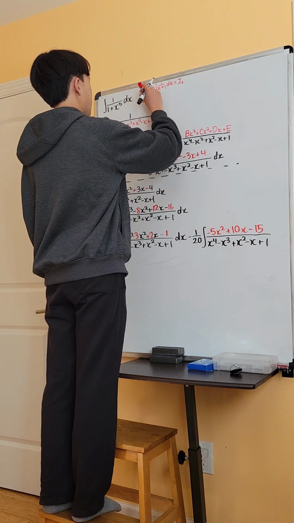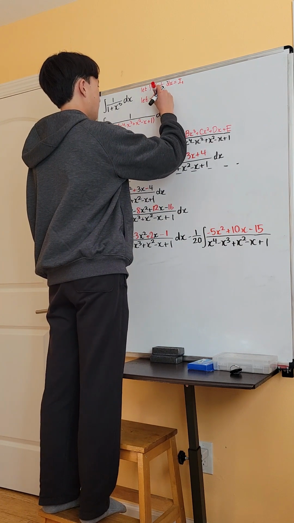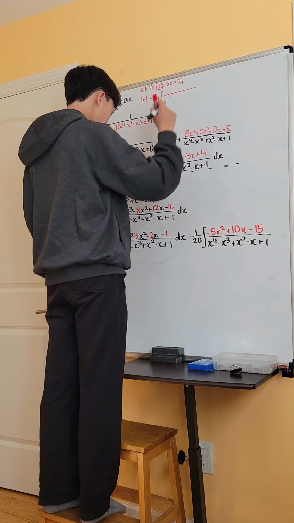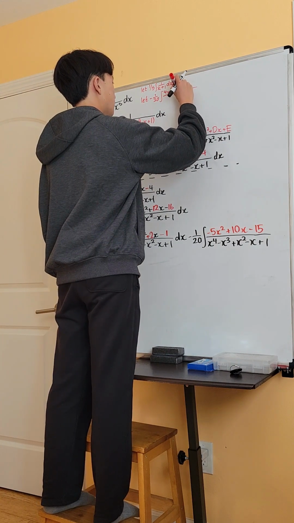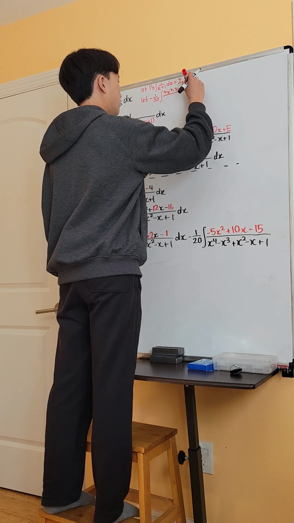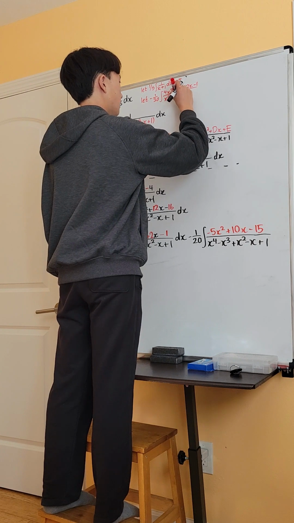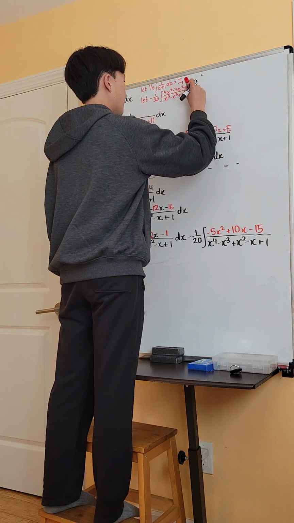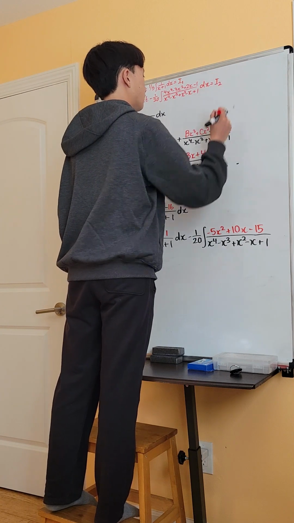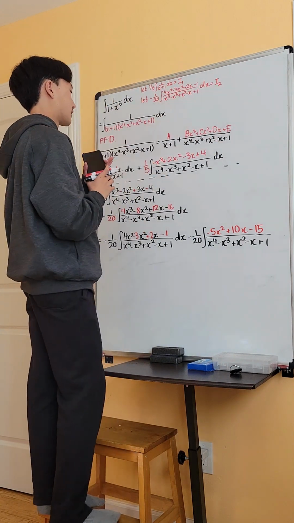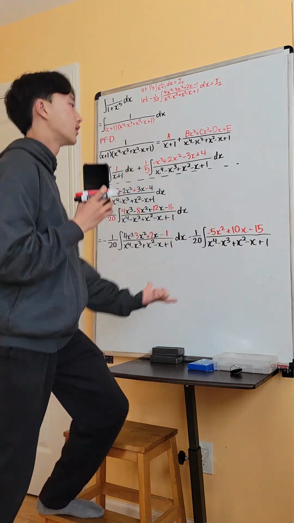We can let the coefficient, this is just negative 1 over 20 times the integral of 4x cubed minus 3x squared plus 2x minus 1 over x to the 4th minus x cubed plus x squared minus x plus 1 dx equal to I2. All right, and at the end, we're going to add all these up since all we're doing is just taking off terms and dealing with the next most difficult one.